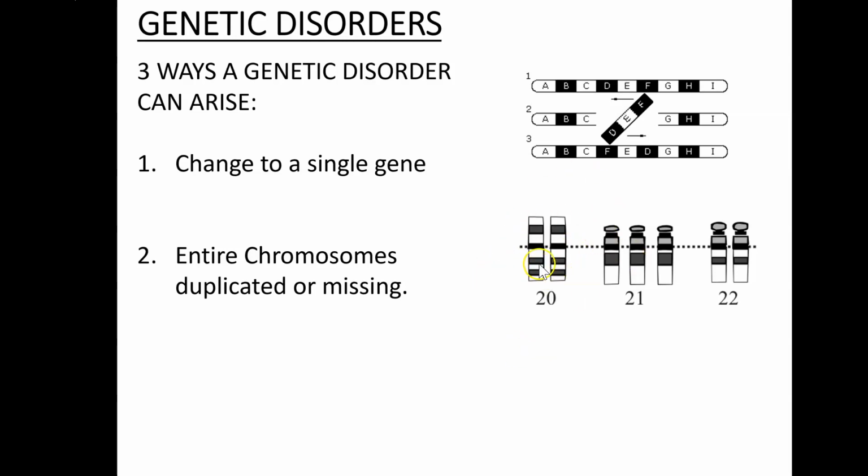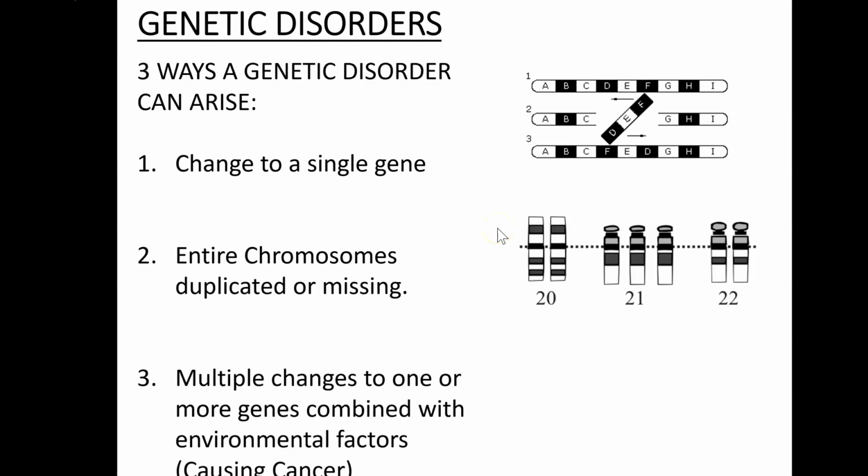So you get 1 from your mom, 1 from your dad. But in this case, the replication has caused there to be 3, which leads to a number of conditions, and we'll talk about those in a bit.